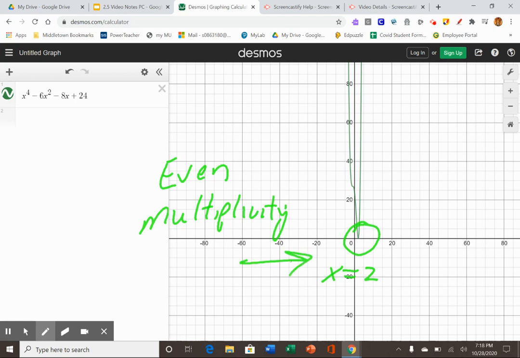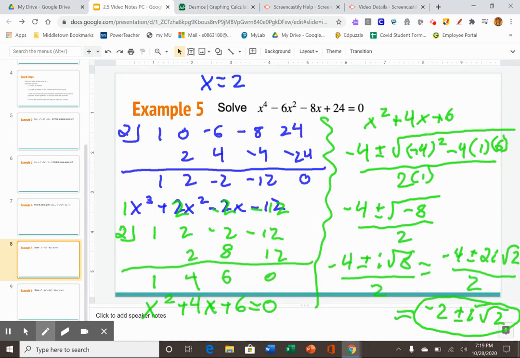And you can even tell that it was an even multiplicity because if you look at what happens at the x-axis, we have a touch and a turn. So we have x equals 2 is our rational root. Over here, we found the irrational ones, which ended up being imaginary roots, -2 plus or minus i root 2. And it makes sense because we used the 0, or the root, twice.